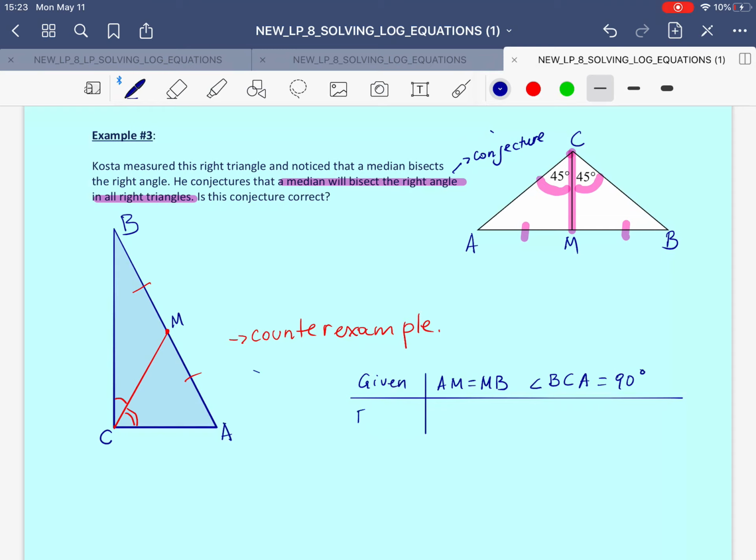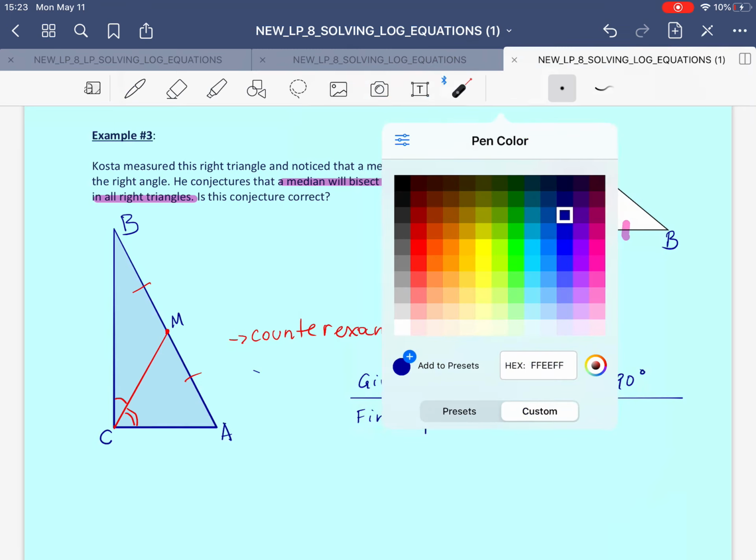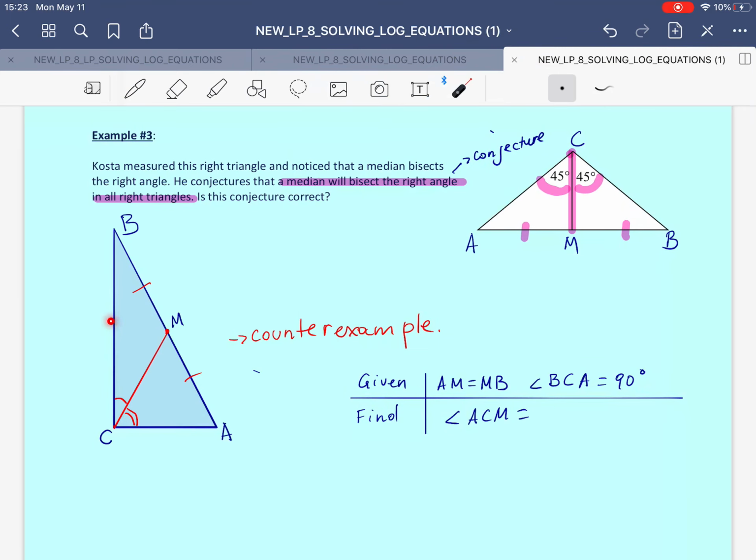And that's given. So we need to prove that the angle ACM equals the angle MCB.